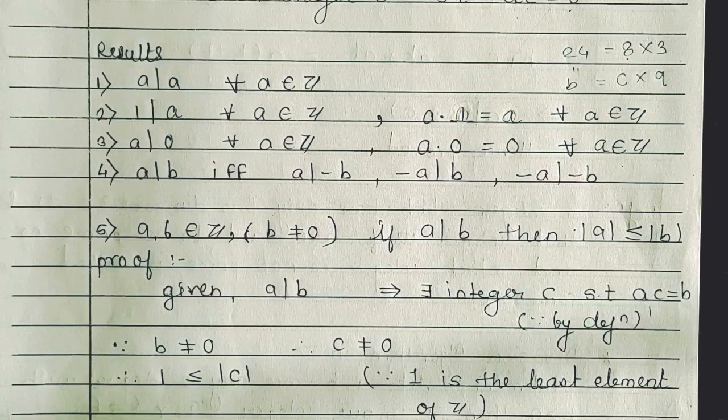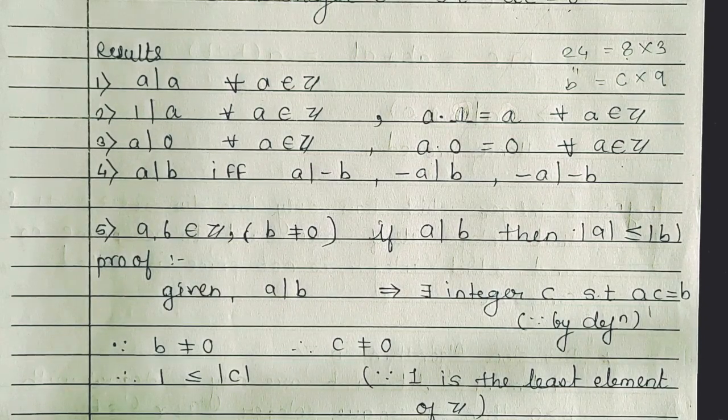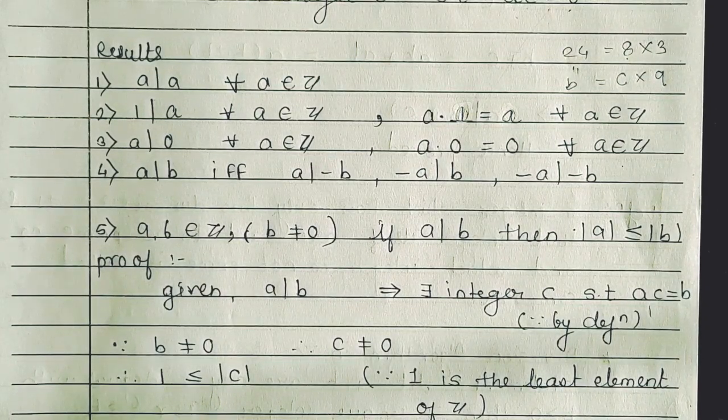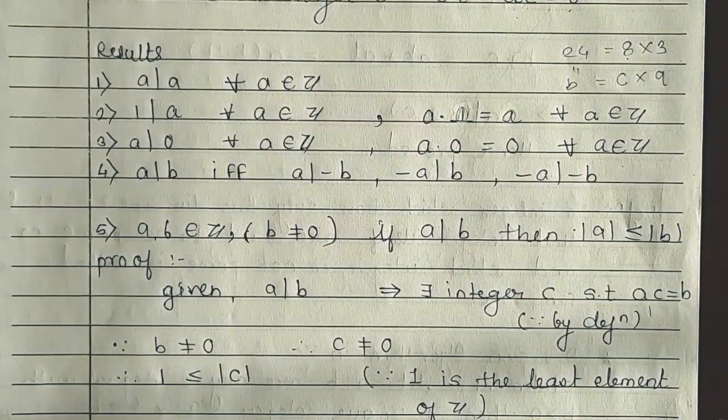The second one is 1 divides A. If you take any number, 1 divides that number. If I take 2, then 1 divides 2, since 2 ones are 2.